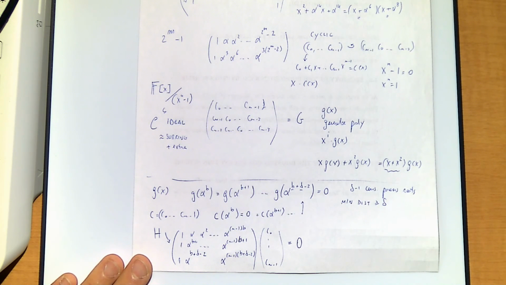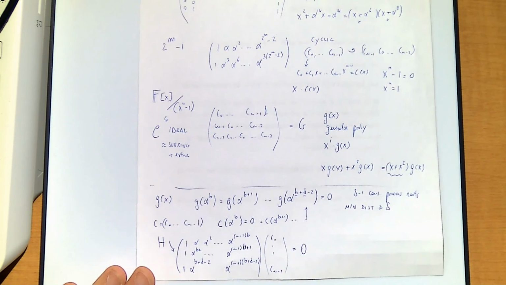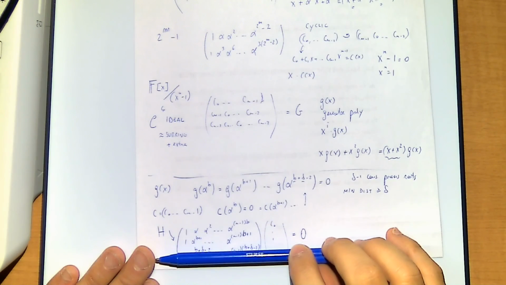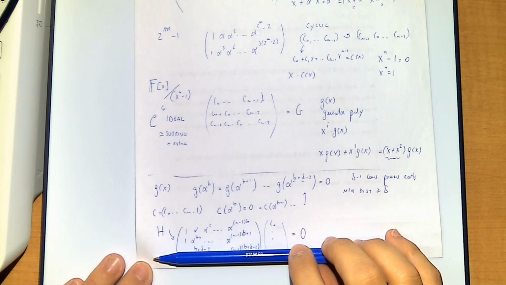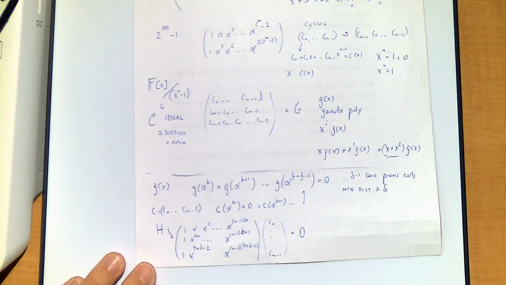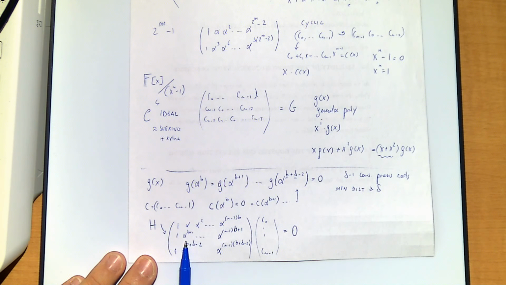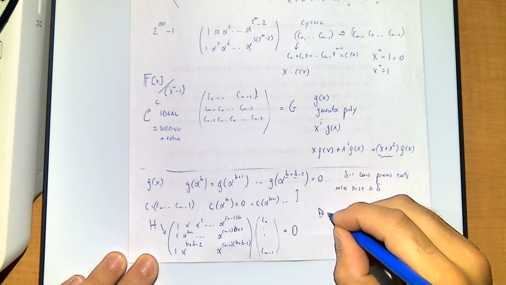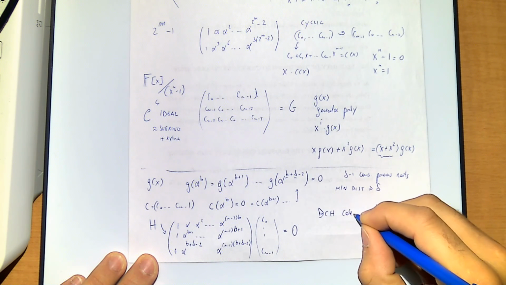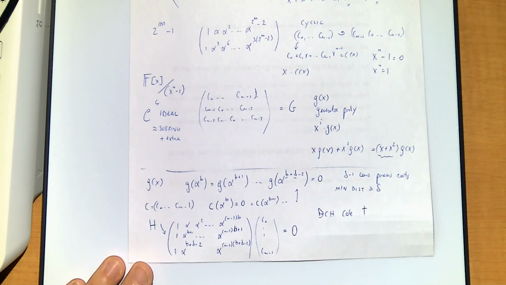Okay? And if you look at the form of this matrix, when we stop at the first 2 rows, that's exactly what we had for the 2 error correcting BCH code before. We had 1, alpha, alpha squared, all the way. And then here we have the next one. So this is the generic form of a BCH code that can correct, say, up to t errors.